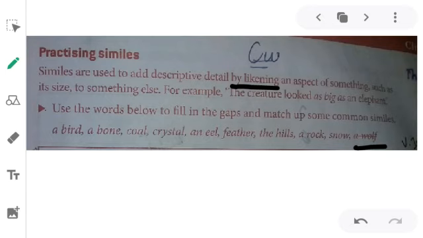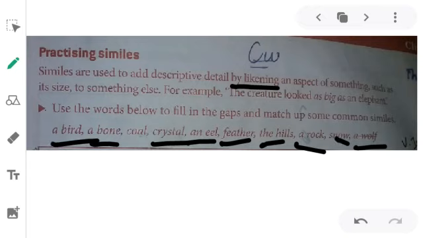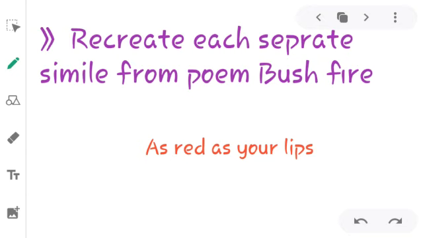As black as coal, as slippery as an eel, as clear as crystal, as dry as a bone, as solid as rock or stone, as light as a feather, as old as the hills, as white as snow, and as free as a bird.